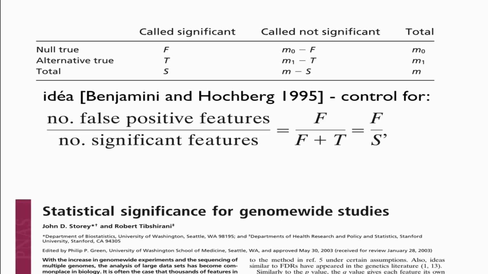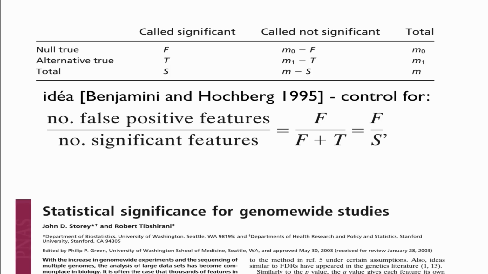Just a couple of notes on the nomenclature here. The setting is that we have a p-value threshold t. All the true nulls above this threshold are called F, and the alternative hypotheses above the same threshold are called T, and F plus T is equal to S, the total number of p-values above the threshold.